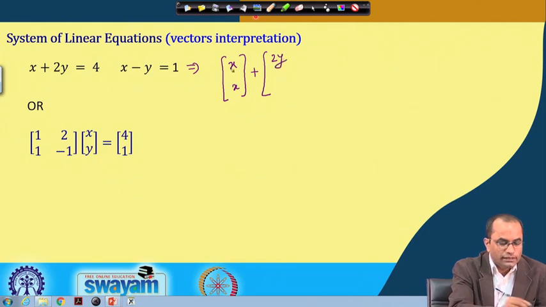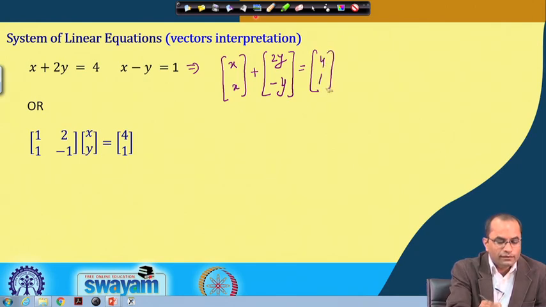So, 2y and then the minus y here, and then the right hand side is 4 and 1. Or we can write down this as x times the vector 1, 1 plus y times this vector 2, minus 1 is equal to this vector 4, 1.